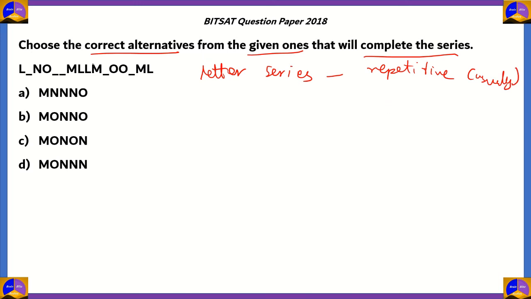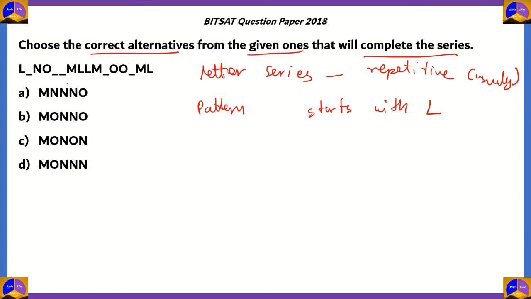And over here, you can see that the pattern of the letters starts with L and also ends with L. So that means whatever the series is that begins with, it's being reversed as we move down the series.